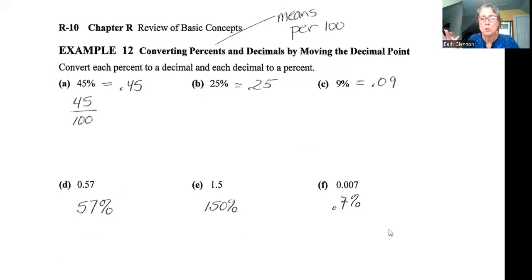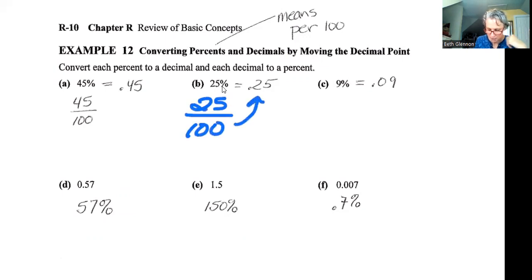I'm not saying I have 100 people, but if I took my proportion and made it out of 100, it's a beautiful part about percents. So my friends, take all your percents straight up and put them right over 100. That's exactly what I've done here, 45 over 100. You can take 25% and convert that to a decimal by doing 25 over 100, which of course is 0.25. And then 9 over 100, move the decimal point over 2 spaces.